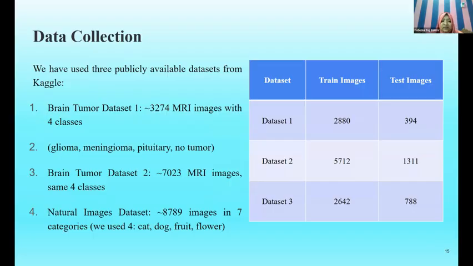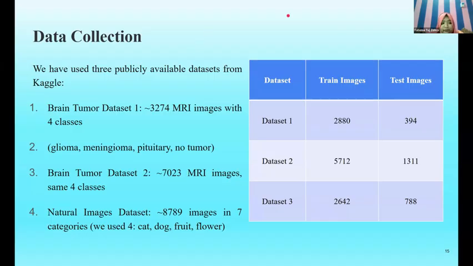As I have said before, we have used three datasets. Two datasets are connected to MRI images of the brain, the brain tumor datasets. The first dataset and the second dataset deal with the same type of classes, where we have four classes, and for the third dataset we have used a natural dataset including classes of cats, dogs, and fruits.